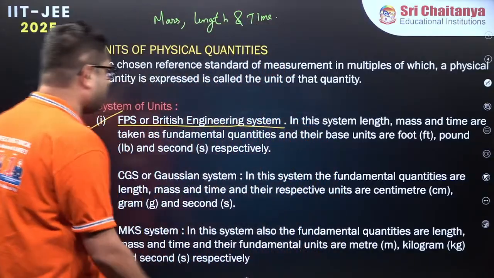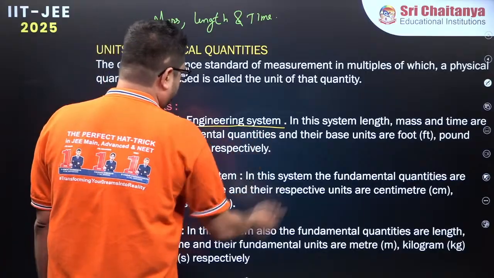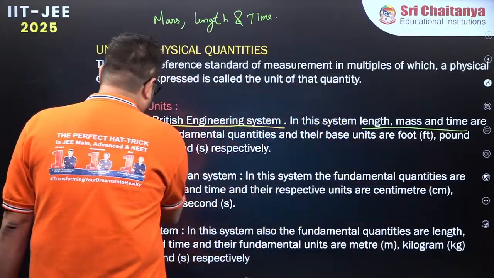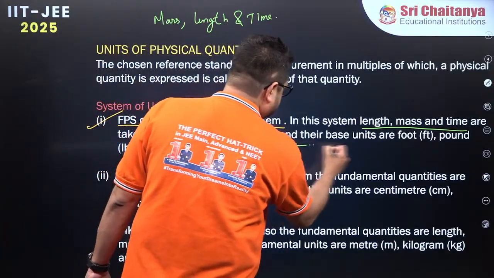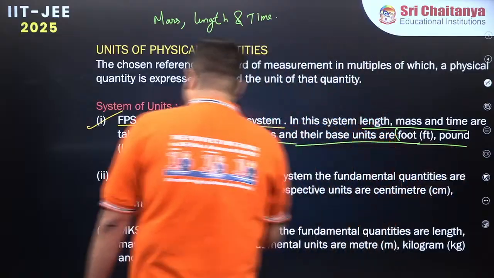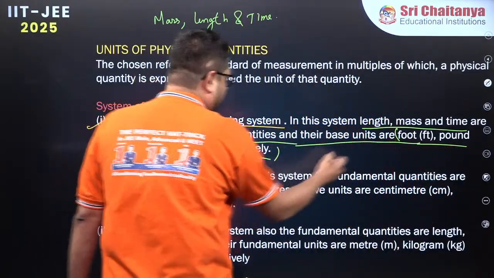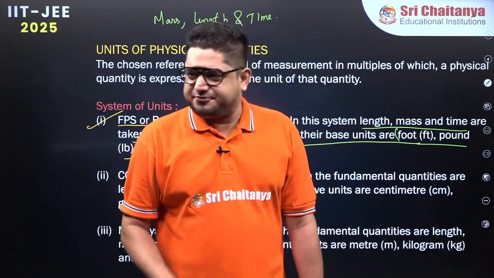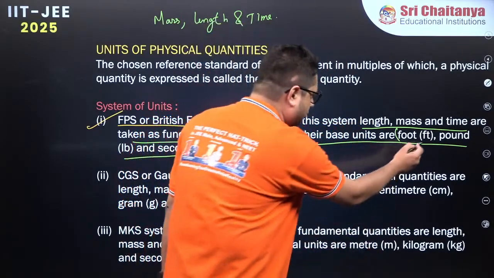Now over here you can see the British system, what is it all about? Length, mass and time are taken as fundamental quantities and their base units are foot, pound and second. Foot is denoted by the short form FT, just like it's shown over here.